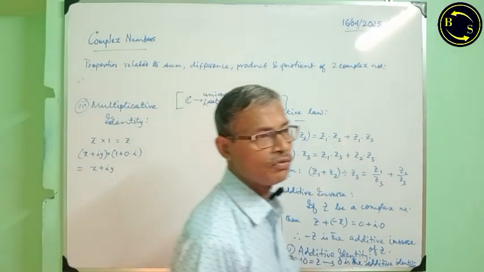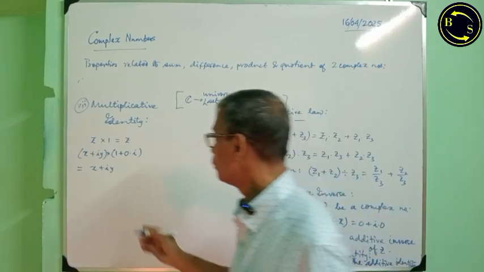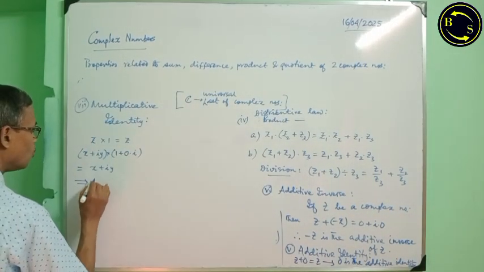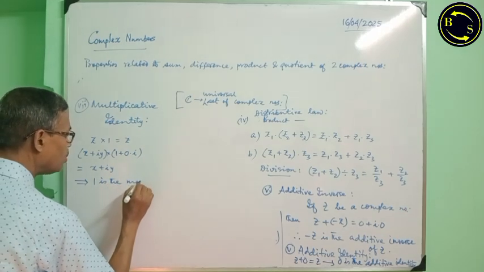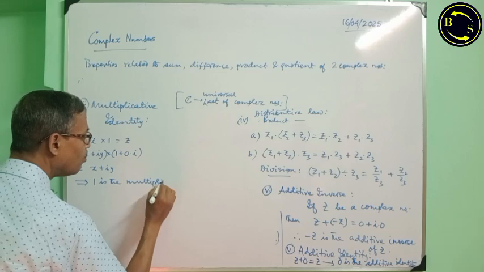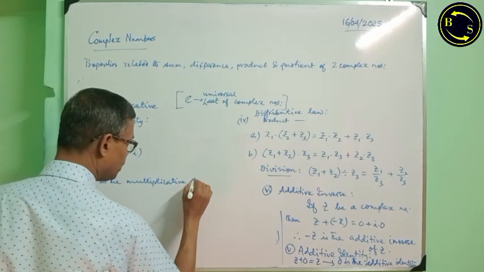Students, you can verify it by actual multiplication. Therefore, 1 is the multiplicative identity of z.